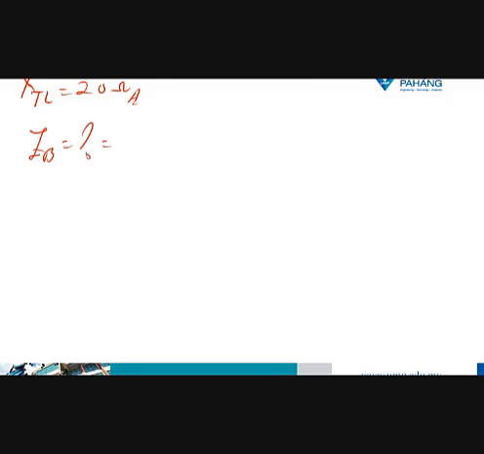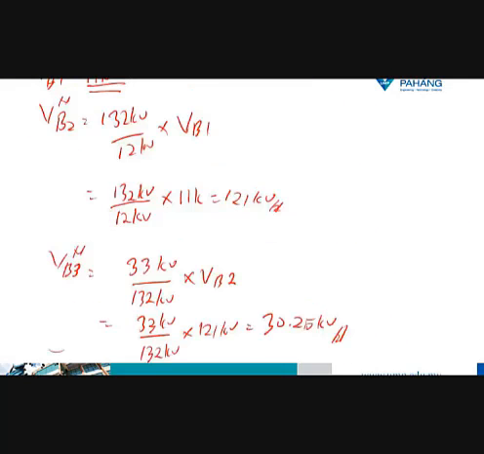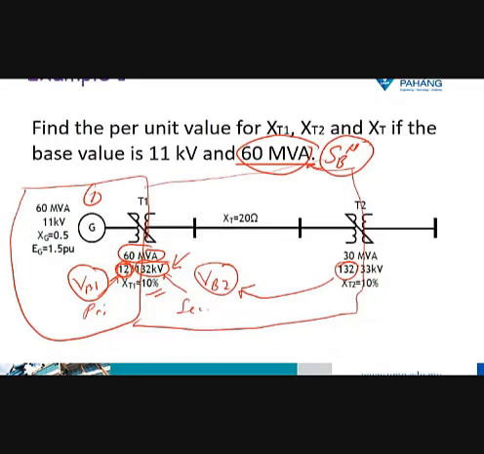Z base equals V base 2 square over S base. Why V base 2? Because this transmission line is placed in region 2, under region 2.